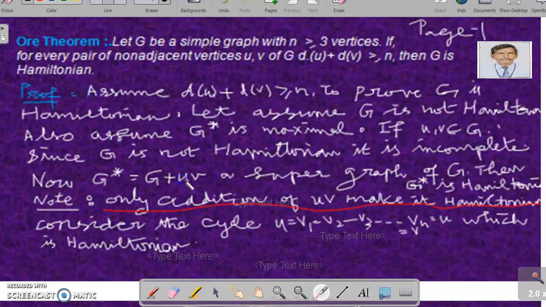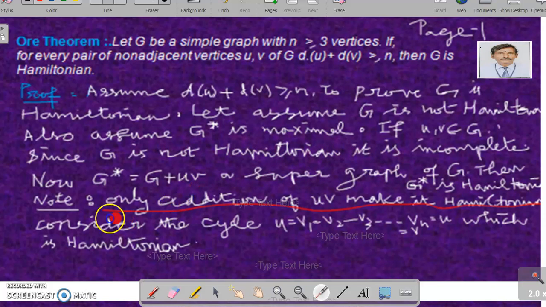Since this is maximal, this must be Hamiltonian, because G plus UV validates G star as maximal. So G star equals G plus UV is a supergraph, and G star must be Hamiltonian by our assumption that G star is maximal.